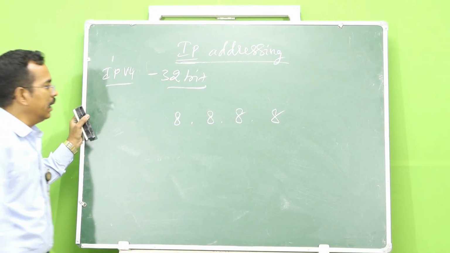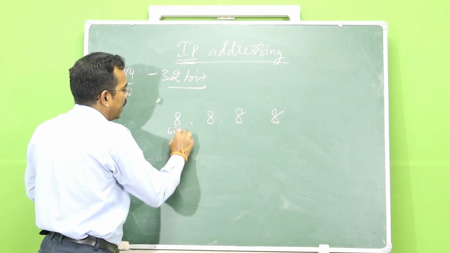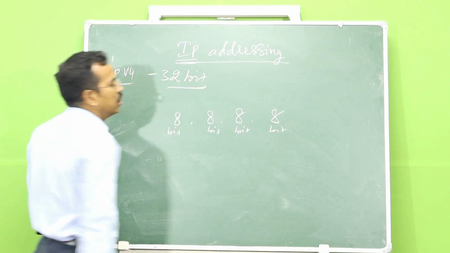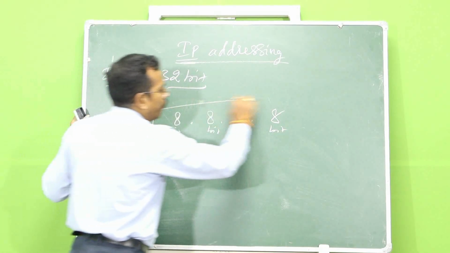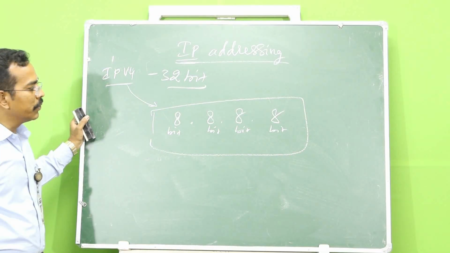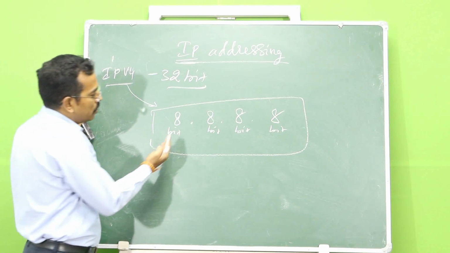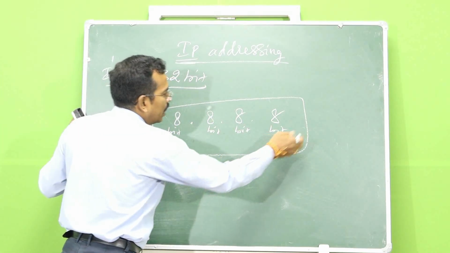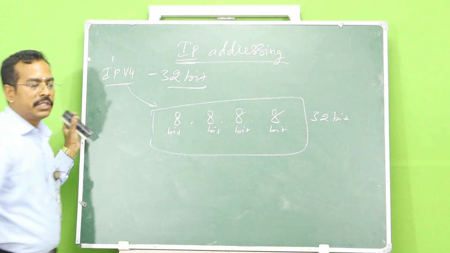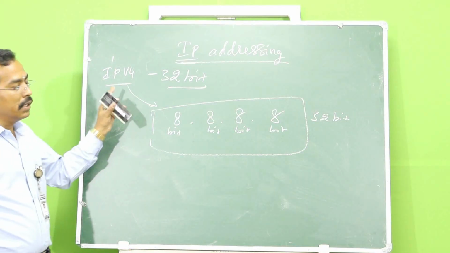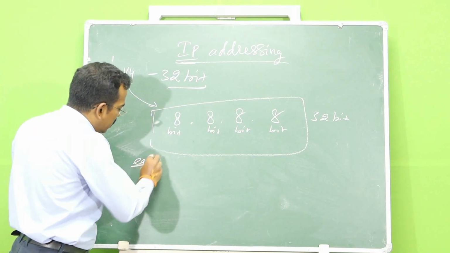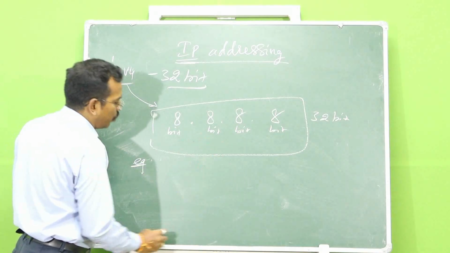So four 8-bit groups will be there for any IP version 4 address, totaling 32 bits. This is the standard format syntax for assigning an IP address in version 4.